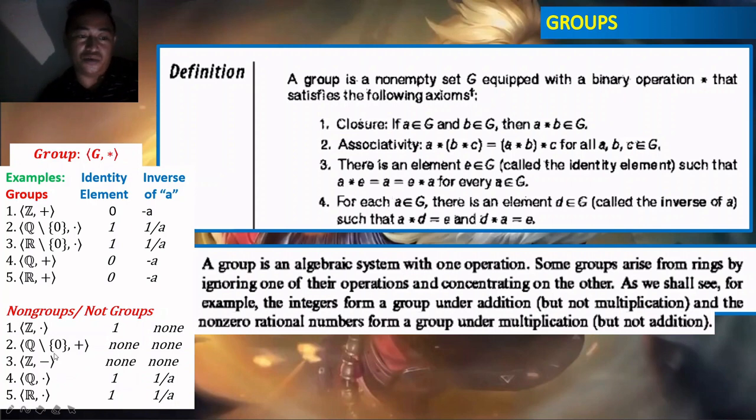So this is wrong, and there is no identity element. None, and the inverse is none as well. Since there is no identity, there is no inverse.